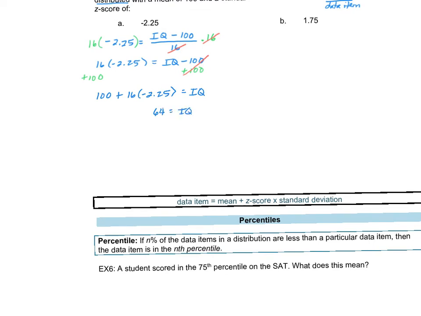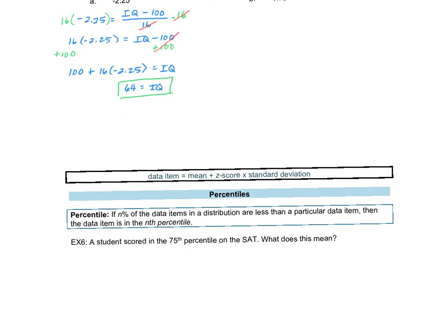So an IQ score of 64 is 2.25 standard deviations below the mean because this z-score is negative. That answer makes sense. But this is kind of a pain to solve for the data item. So instead of using the z-score formula that we have, if we simply take the original formula and solve for the data item, we have what's in the box below.